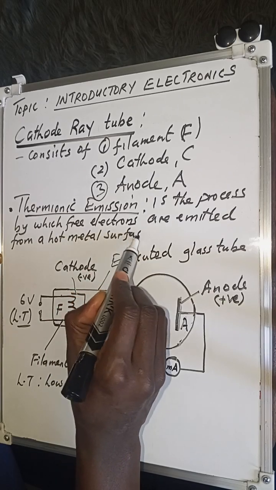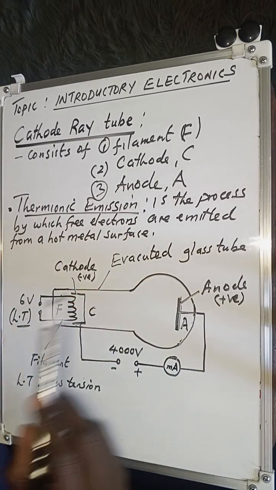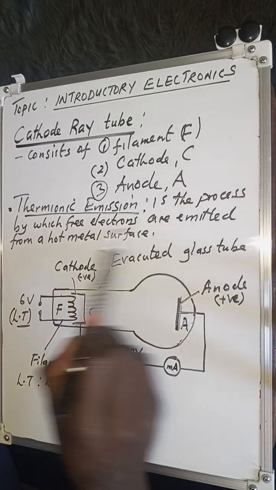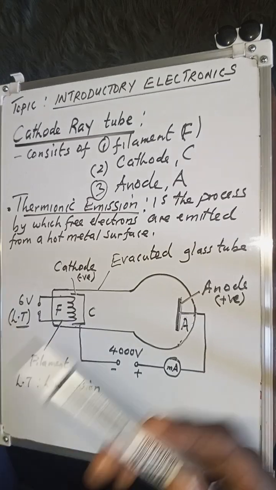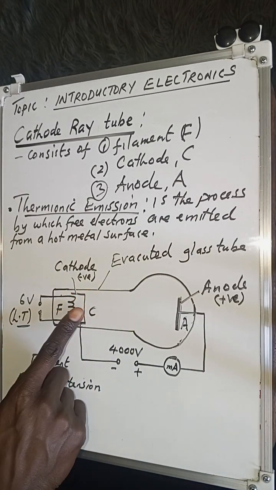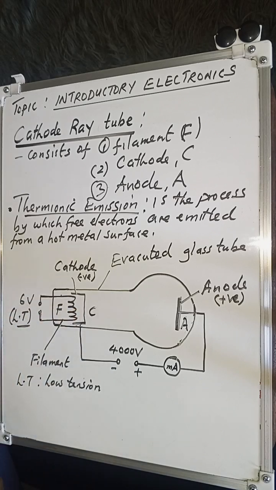So that is what we call thermionic emission. So the process by which free electrons are emitted from a hot metal surface. So when free electrons are emitted from that hot metal surface because it has been heated, the process is what we are calling thermionic emission.